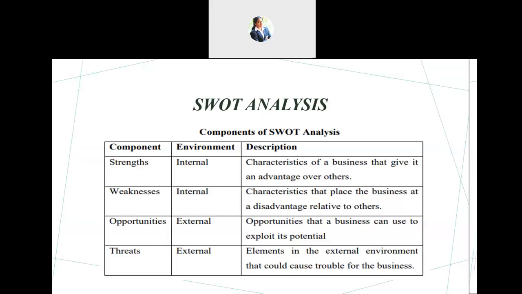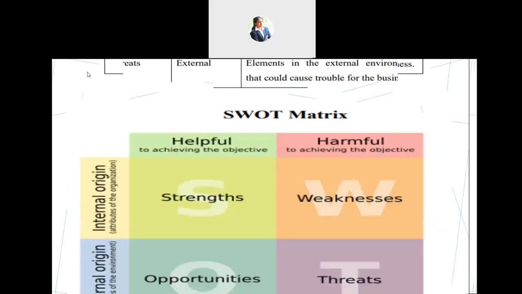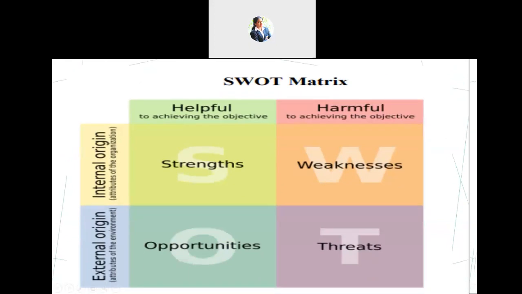Or in simple words, these components will cause trouble for the business. To give an example, the growing competition in the industry, change in the government policy, change in the fashion, all these things can be regarded as a threat for an organization.